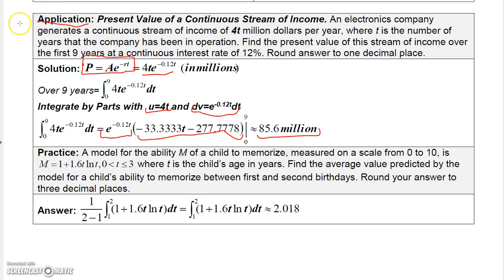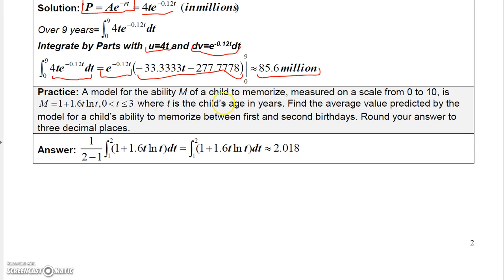Now I know I left some blanks in there, but I'm running out of time, and so you need to apply integration by parts here to simplify this, and then do the uv minus the integral v du to finish it.